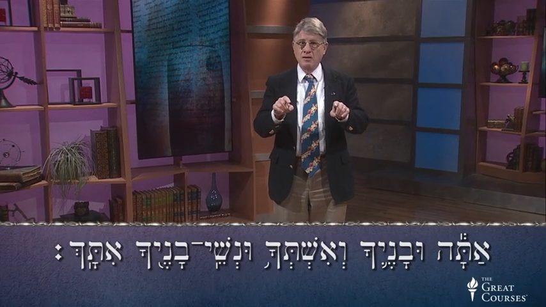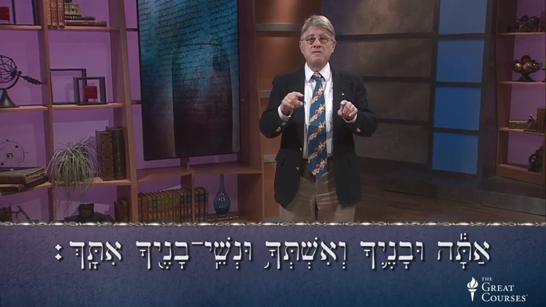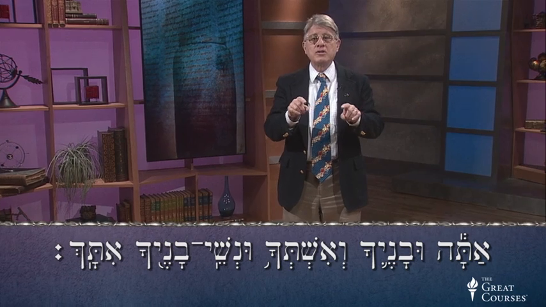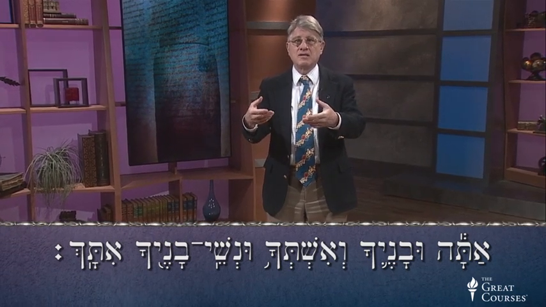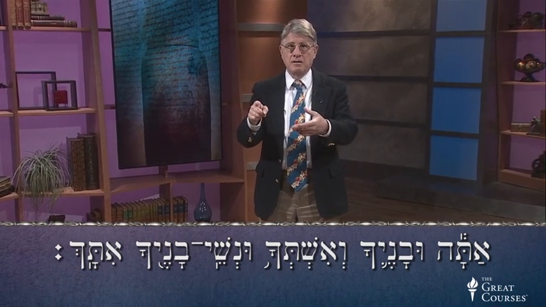Let's have a look at a couple of biblical verses that use these relationship words. In Genesis 6:18, God tells Noah to go into the ark, Ata uvanecha ve'ishtecha uneshevanecha itach. Got it?